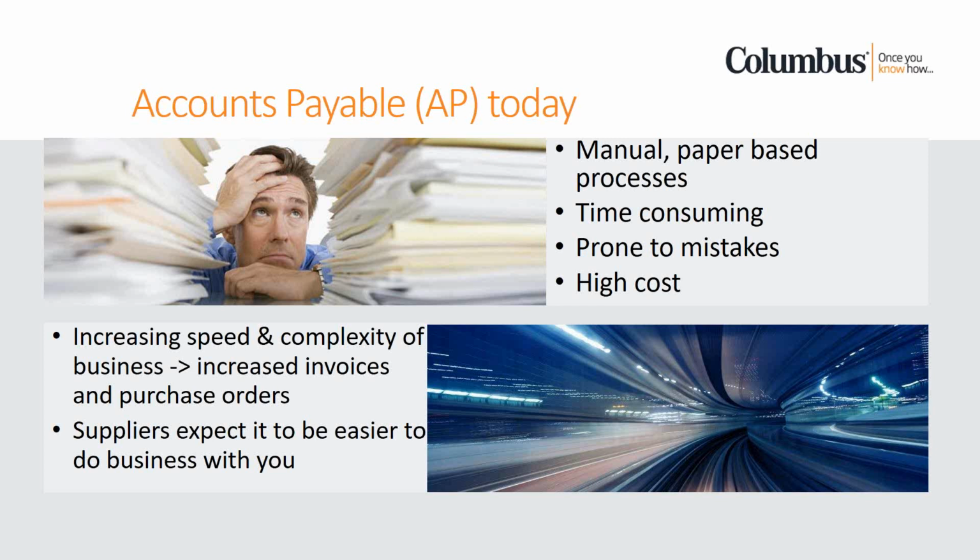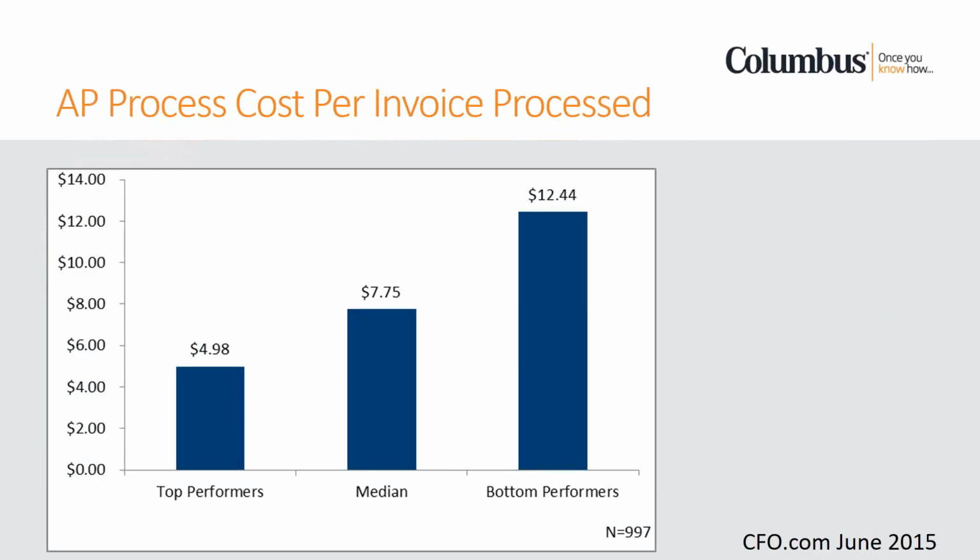So with that said, let's go on to the first graph talking about that KPI. This is a graph that I pulled from an article on CFO.com back in June of 2015, talking about room for improvement in AP departments. The chart talks about this metric.